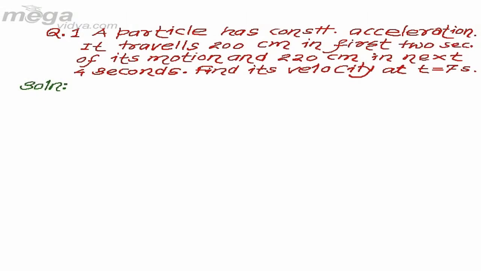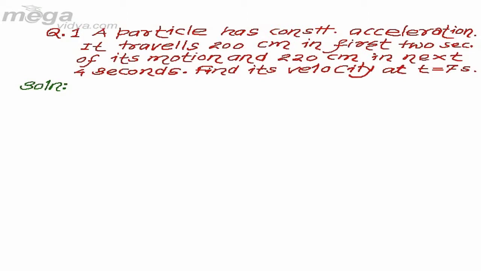It travels 200 centimeter in the first 2 seconds of its motion and 220 centimeter in the next 4 seconds. Find its velocity at t equal to 7 seconds. In the given situation, we have been provided the displacement of the particle for two different time intervals.